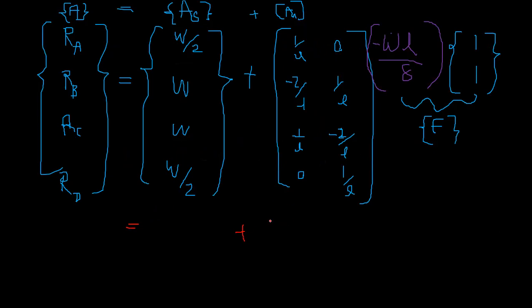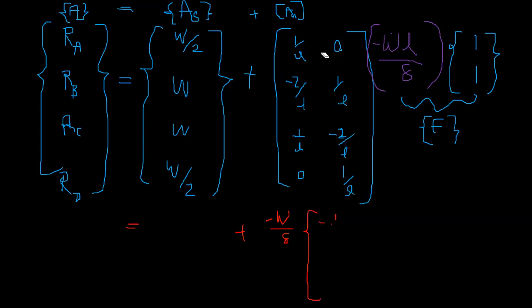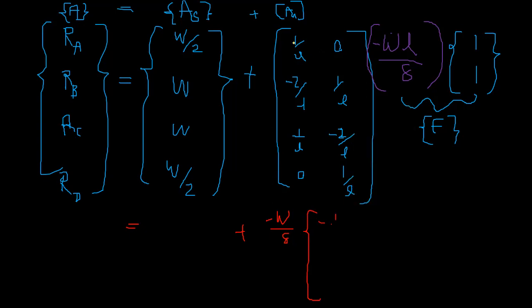It's 1 over L, so I can give this L inside, right? So I'm putting this L inside, then L is getting cancelled. So it's just then L into 1 over L into 1 plus 0 plus everything 0.